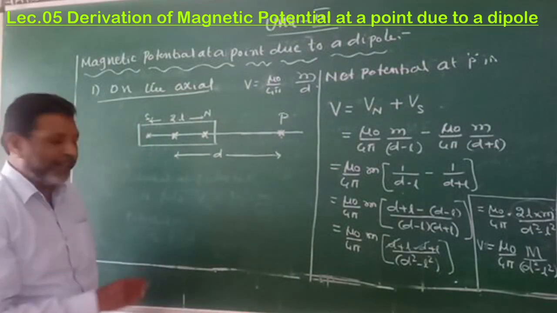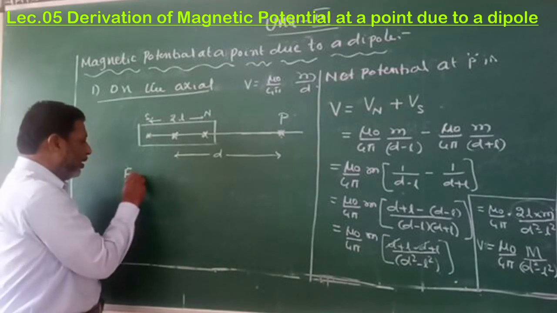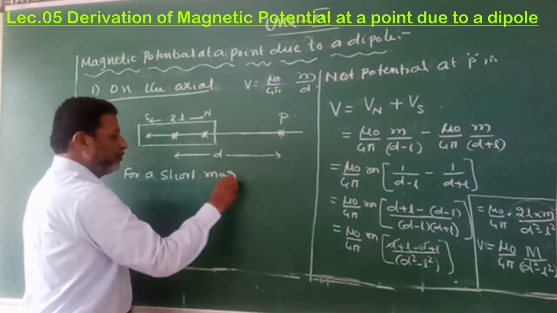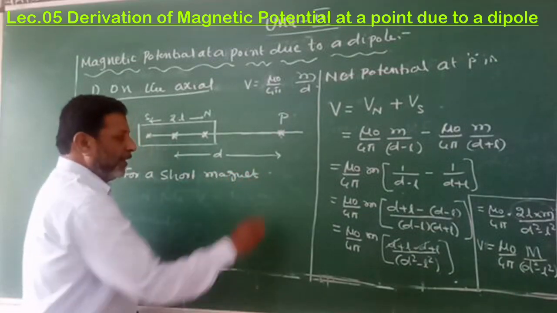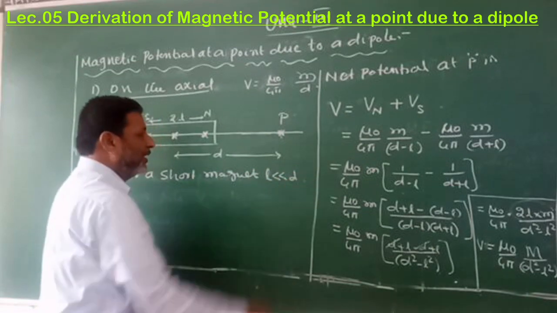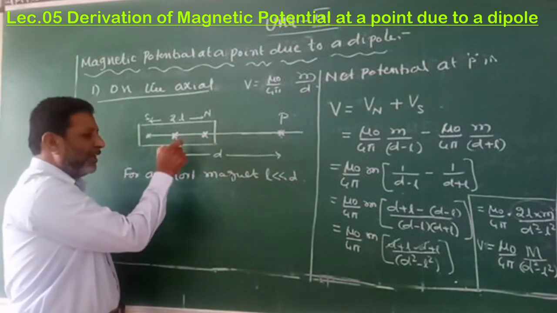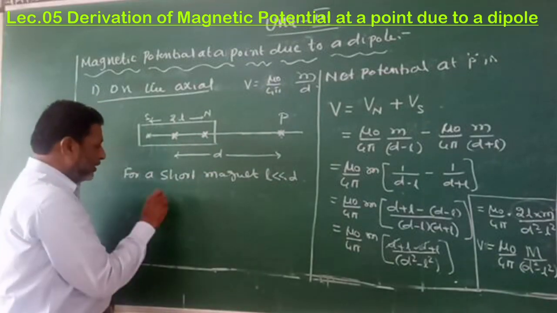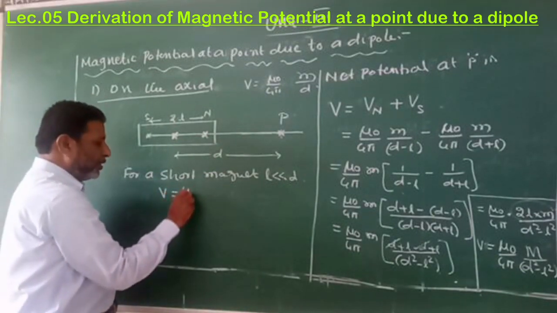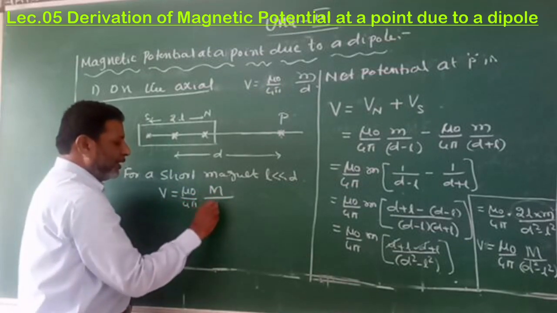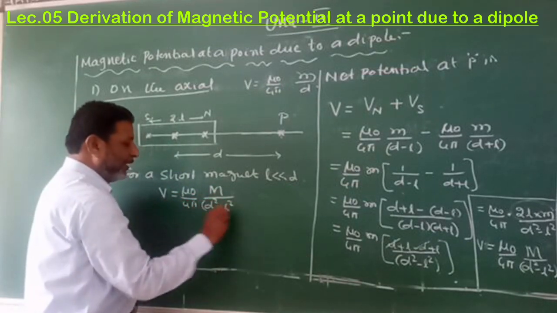Now consider the case of a short magnet. For a short magnet, L is very much less than d. The length of the magnet is small as compared to the distance. In that case, V is equal to mu naught divided by 4 pi, m divided by d square minus L square, which is the same.